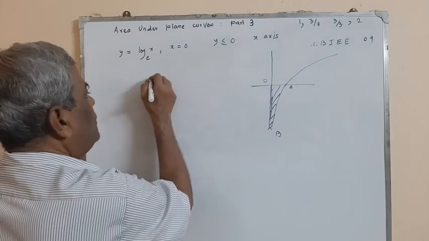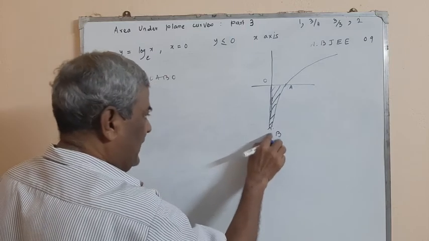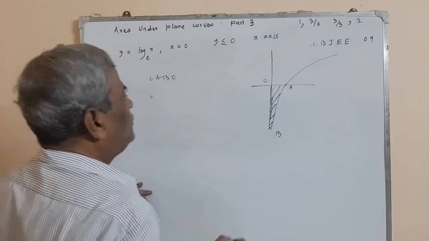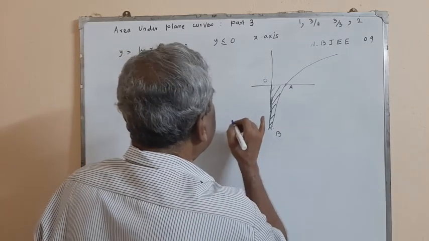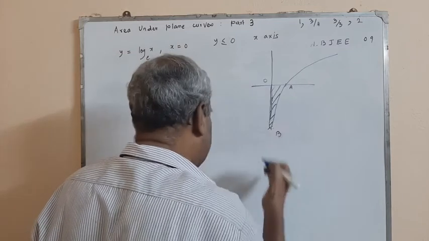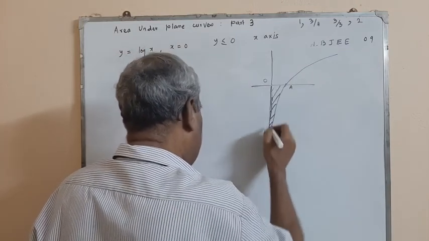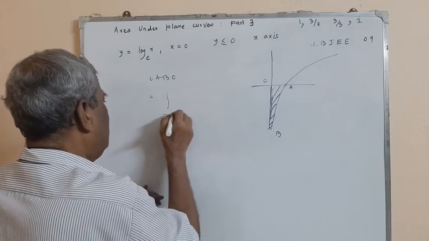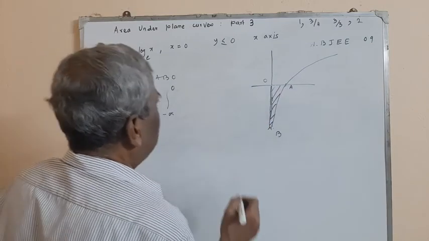Required region is O, A, B, O. B actually is at minus infinity. So here we can integrate with respect to the y-axis. Range of y is 0, and here it is minus infinity. So minus infinity to 0, x dy.